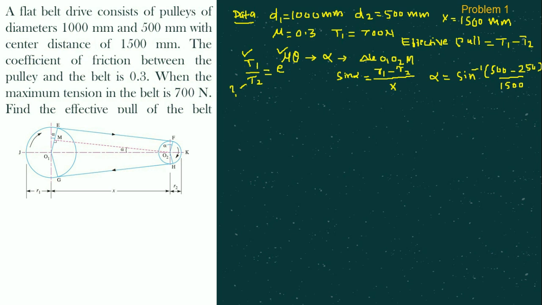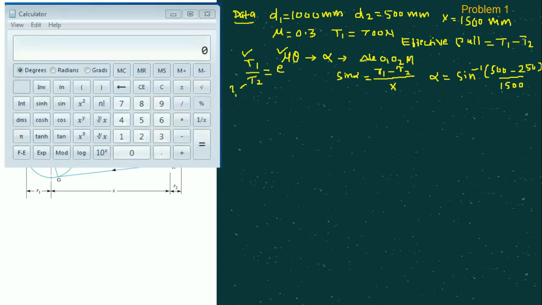Let's calculate this. Bracket 500 minus 250, close the bracket, divide by 1500, equal to, then take the inverse of sine.